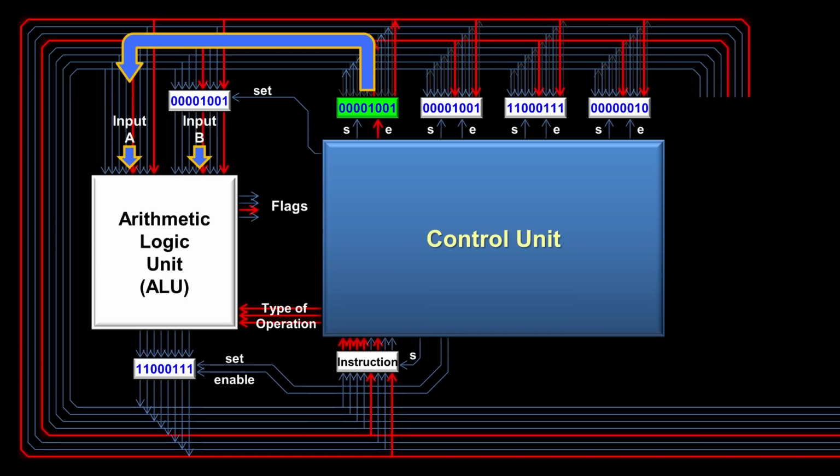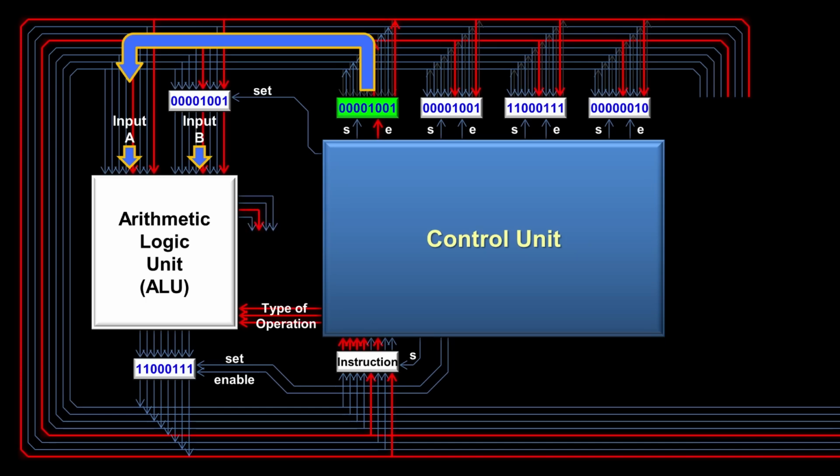Inside the Scott CPU, there are 4 flags, and we'll look at 2 of them now. The A is larger flag will turn on if input A is larger than input B. If the inputs are the same, then the equal flag turns on, and if both of these flags are off, that means input B is larger. But in this case, the equal flag is on, so that means both inputs are the same.